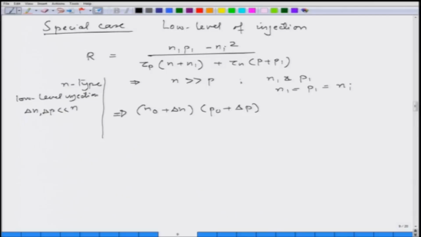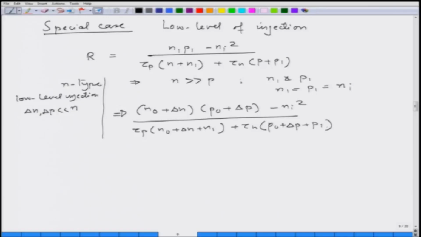So, if this is true, then the numerator would be (n naught plus delta n) times (p naught plus delta p) minus n i squared, divided by tau of p times the denominator. n can be written as n naught plus delta n plus n 1, and p as p naught plus delta p plus p 1.